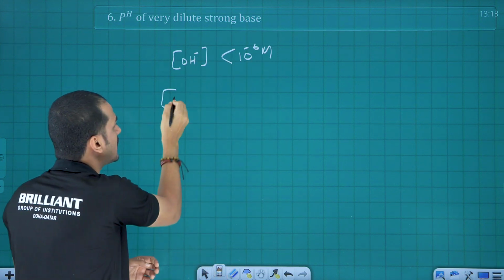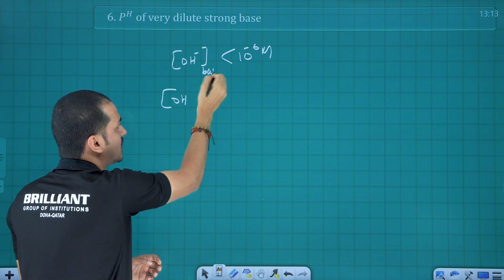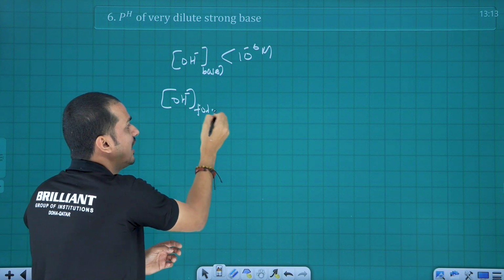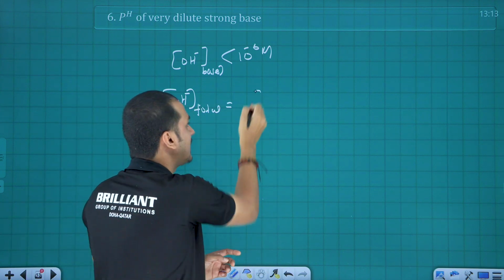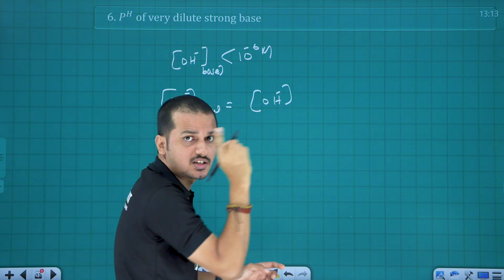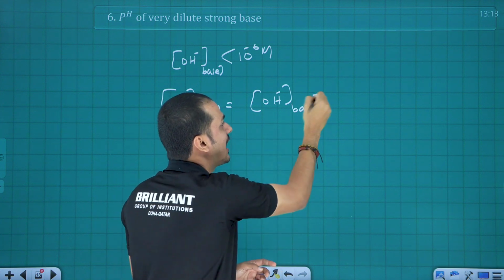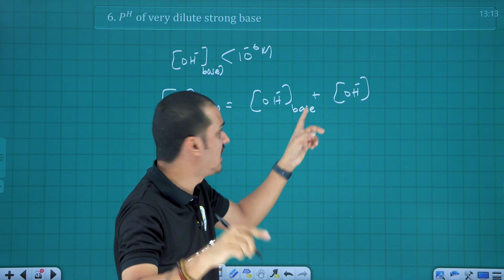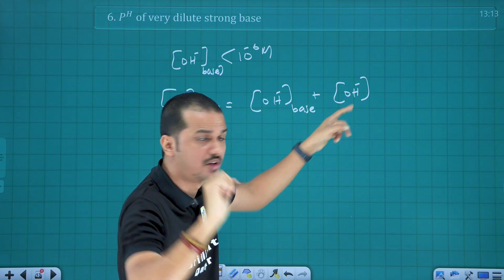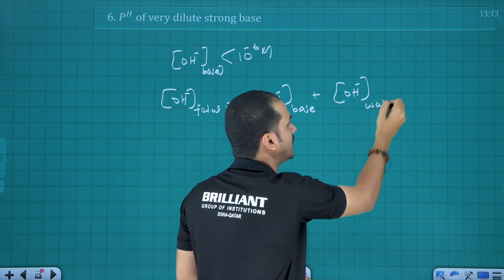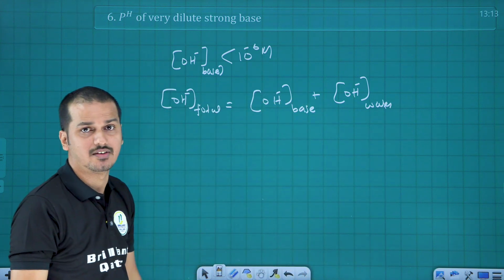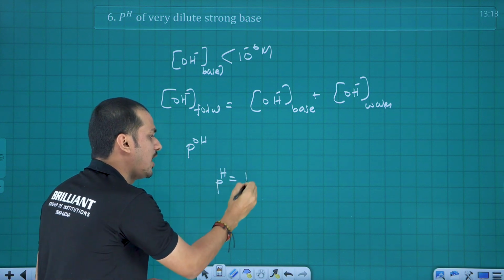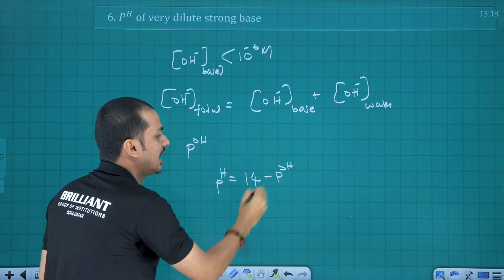While calculating the total concentration of OH minus, you have to take the OH minus from the base as well as the OH minus from water, which is 10 raised to minus 7. Then you can calculate the pOH, and then pH equals 14 minus pOH.